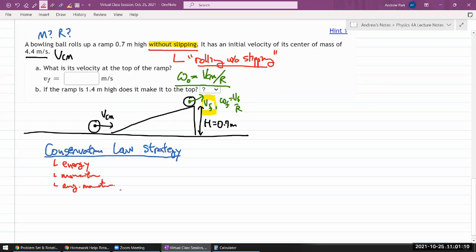And as you are thinking through this, there are conditions that you check. For momentum to be conserved, you need to be able to say that the net impulse due to external forces is 0. And here, as you consider this thing rolling up, there are enough considerations that tell you that, oh, there's a normal force here.